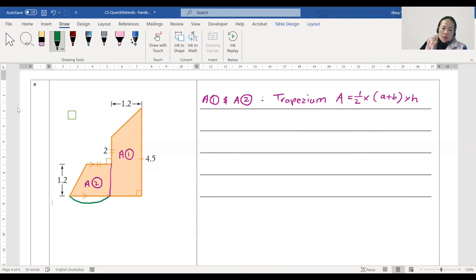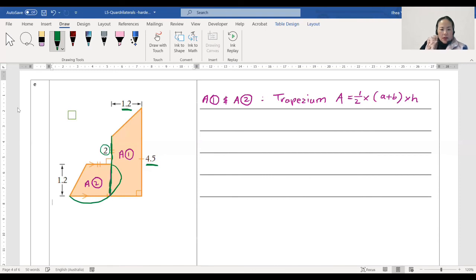Okay, because area 1, I've got 4.5 there, I got 1.2 there, and I have 2 here, and I need to also know this one. So what will be the length for this part?